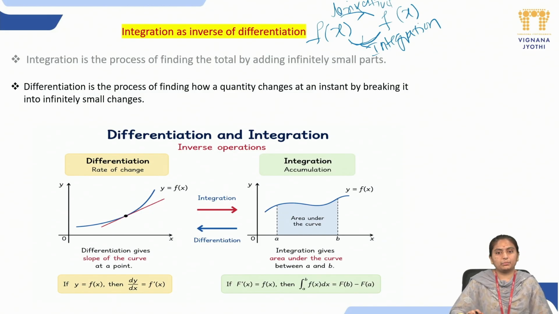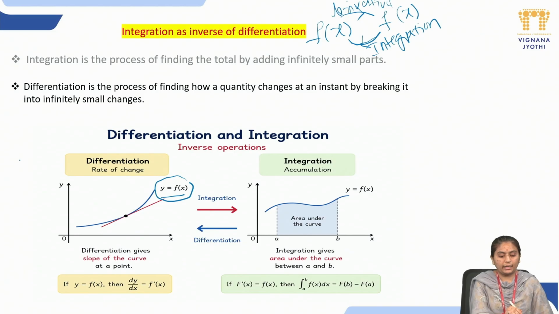And from the graph you can see here, the left part of differentiation represents the rate of change of the curve y is equals to f of x. And the right side graphical representation gives integration, meaning area under the curve. So the rate of change of the curve y is equals to f of x.